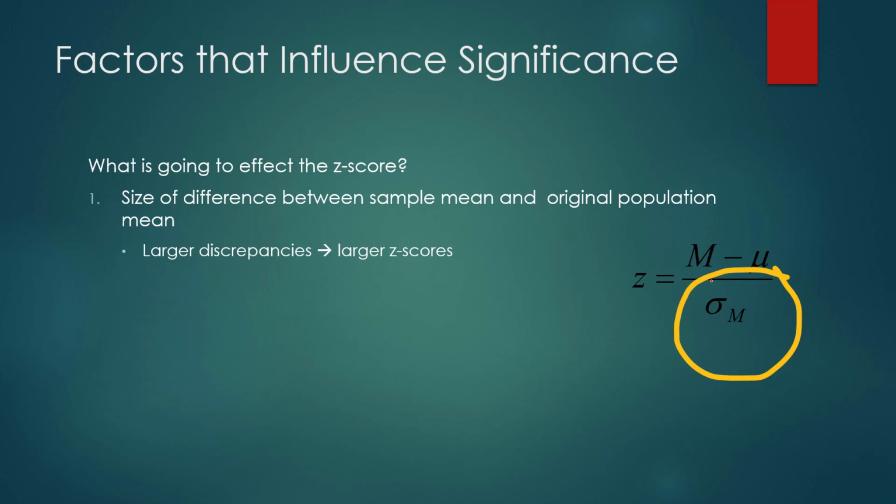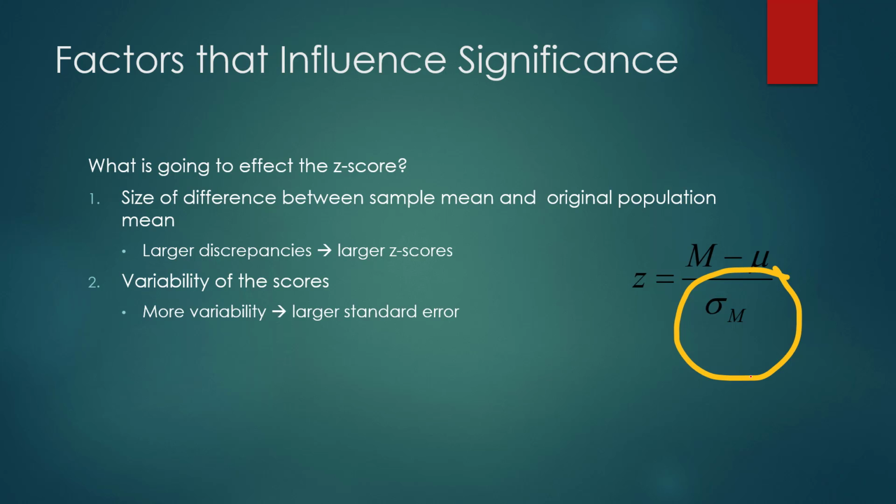Next, let's look at our denominator. What's going to affect the denominator here? We see standard error. Thinking back to chapter 7, we said that this is a measure of how much distance is expected on average between the sample mean and the population mean. This is the error that we expect to happen. So the variability of scores is going to affect the z-score.